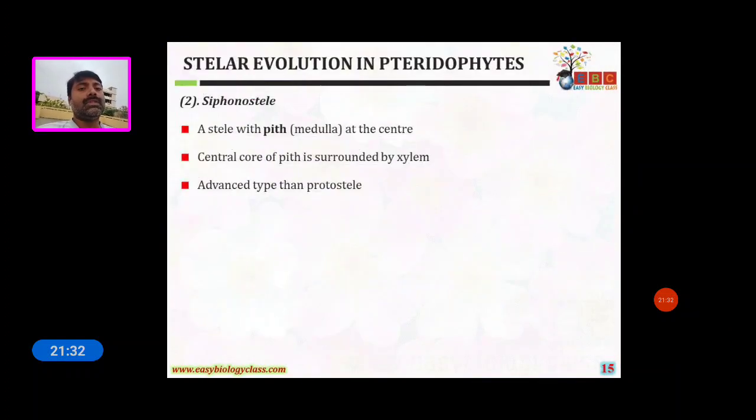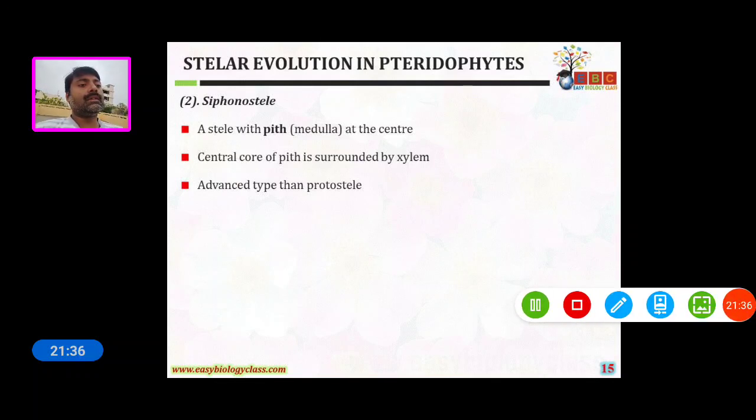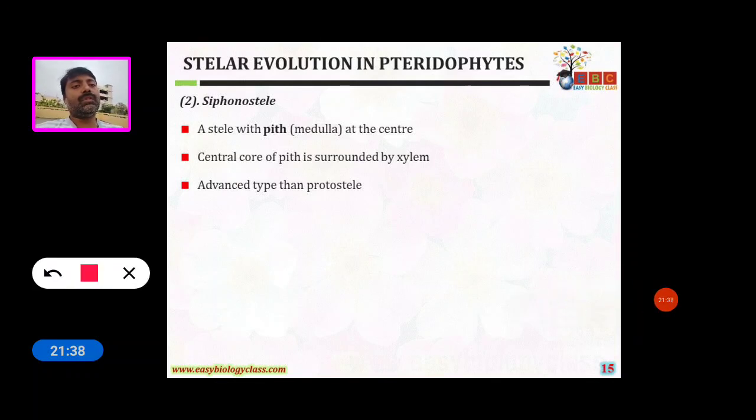The next, second type of stelar evolution is siphonostele. Siphono means pith or medulla at the center, with the central core of pith surrounded by the xylem.